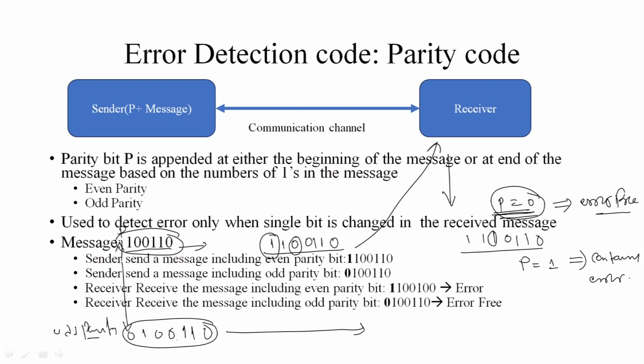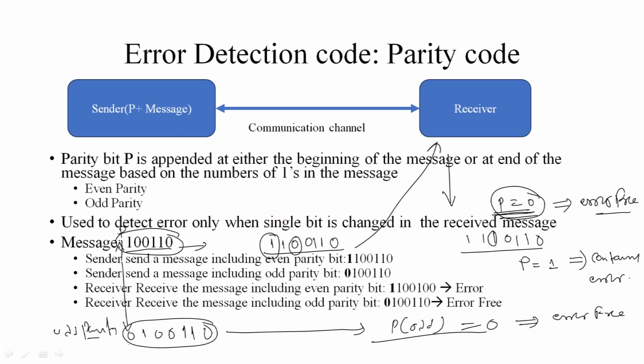The receiver checks whether the number of ones is odd or even. Again the number of ones is odd, so the odd parity is 0. The parity bit value is again 0, which means the message is error free.